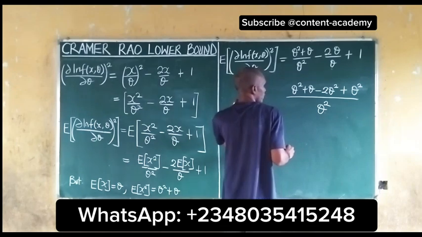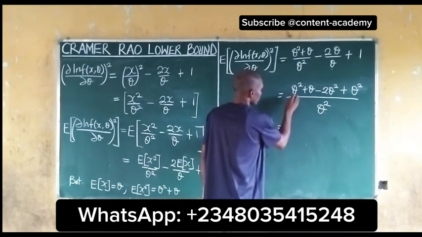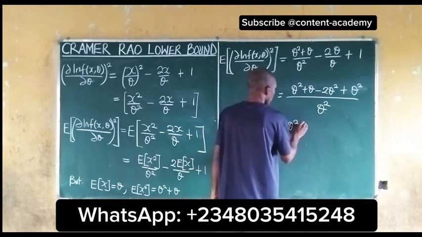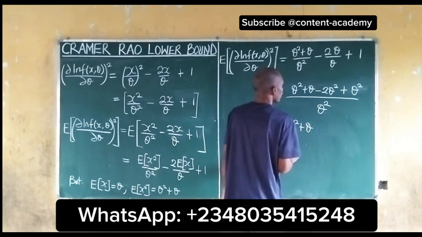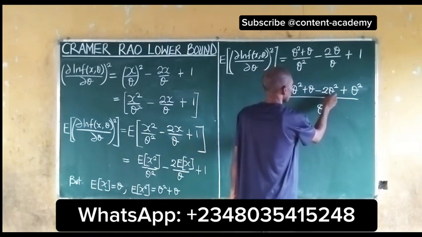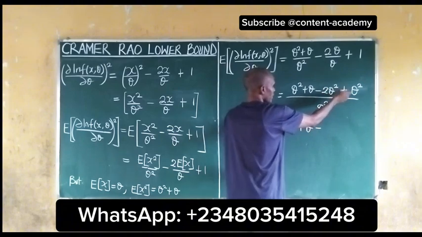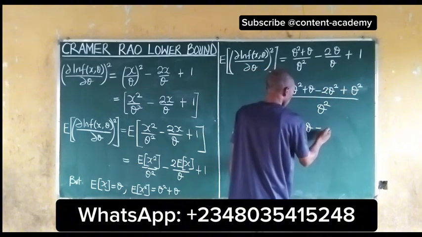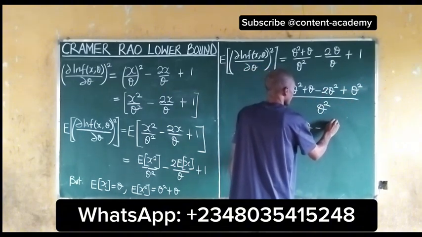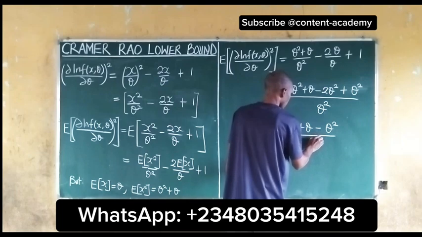So this is what we get. Of course, if we expand this, we get theta squared plus theta minus 2 theta squared plus theta squared. 2 of this minus 1 of this. So we have theta all over theta squared.